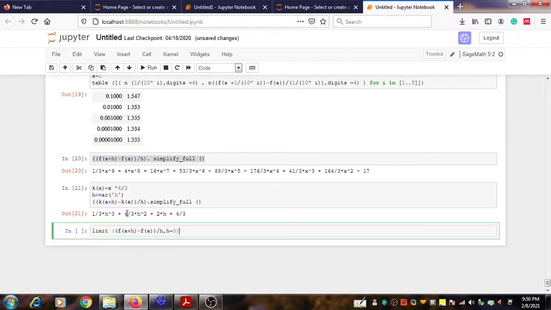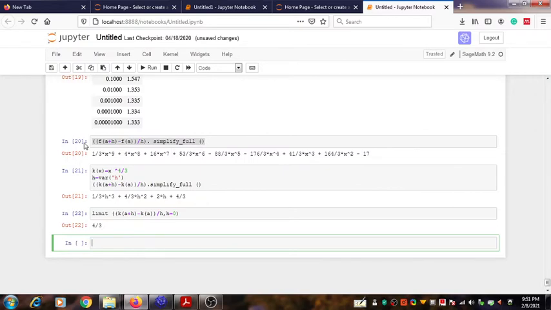Because we have already renamed the function as k. So wherever f is there, you have to use k. There are two places where f is used in that expression, so I have changed the name of the function at those two places. And now you can find the value of the limit.